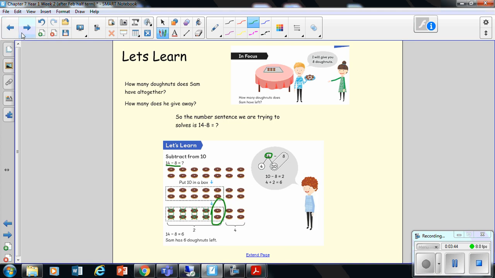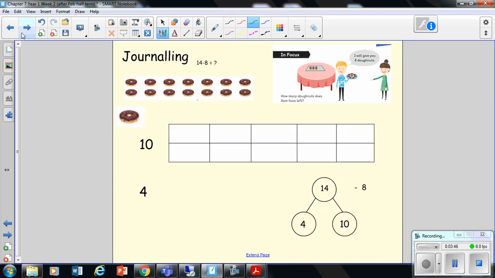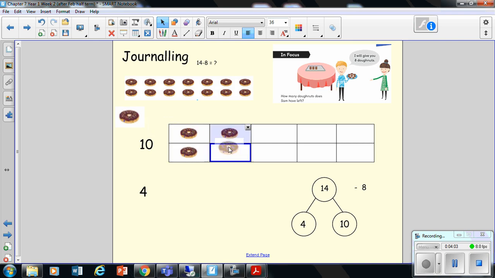And I'm going to exemplify this a bit more in our learning, which you will need to do in your journaling today. So I've laid out my 14 donuts, and I am putting 10 in a little group and partitioning them into 10. So let's see, I've got my 10 donuts. You can do this at home using different objects to represent your donuts.